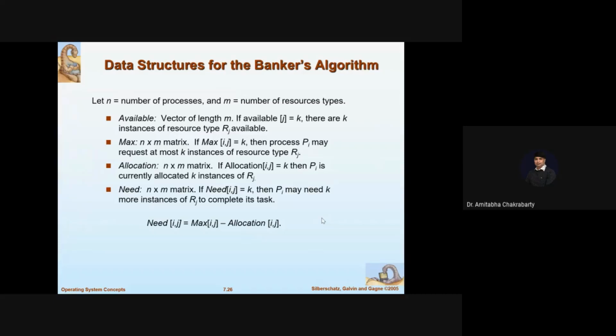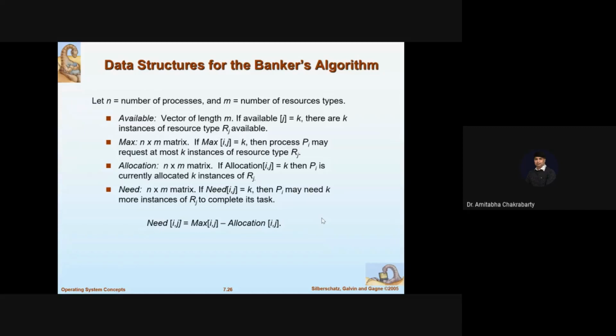Now, the Max matrix, n by m. What is this? If max[i][j] equal to k, then process Pi may request at most k instances of resource type Rj. What this means is the number of resources that a process can request. So a process Pi can request at max k instances of a particular resource type Rj.